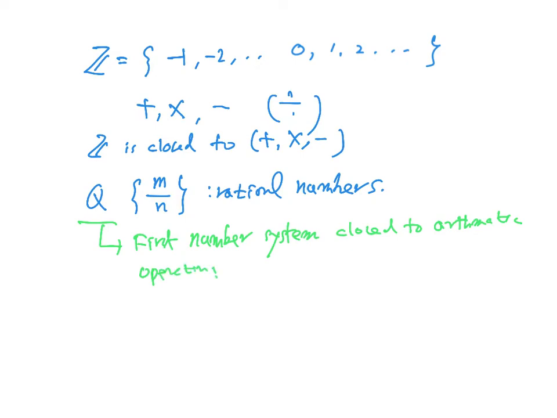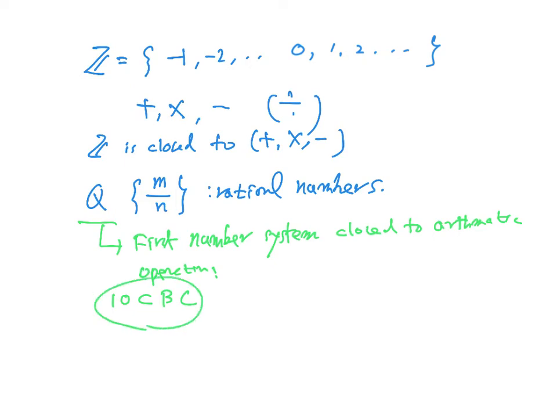Let me try to find the name of the famous author. So it is believed that this rational number system has been established around the 10th century BC, about 3,000 years ago.